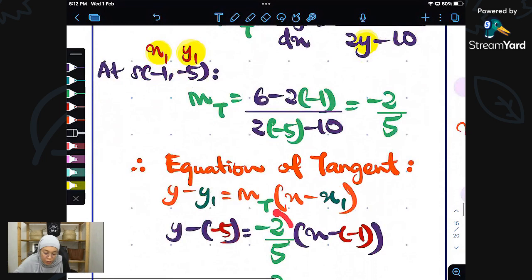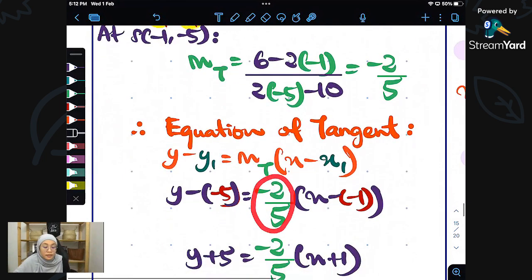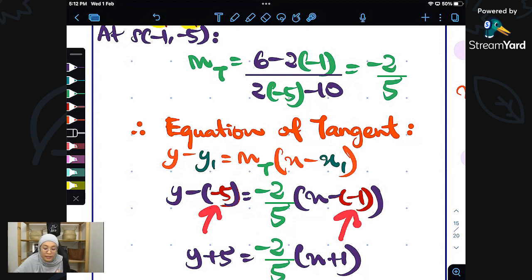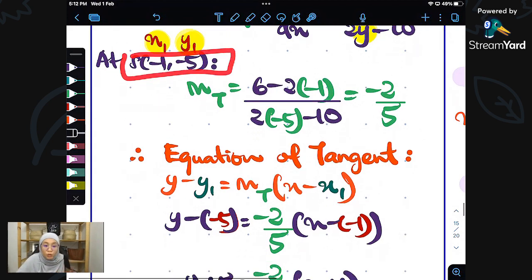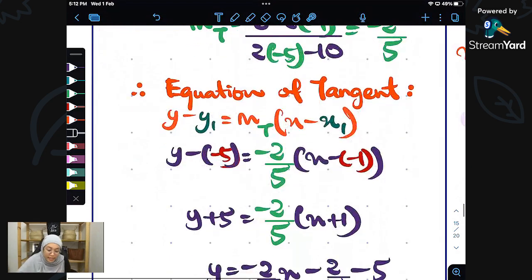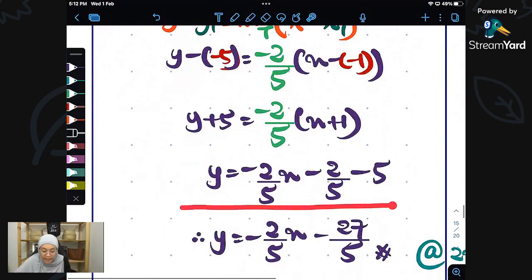I sub it into the equation of tangent. Don't forget to sub in the point -1 and -5, because that point is very important. It will always be given to you. Don't worry. You solve it and you will get this.